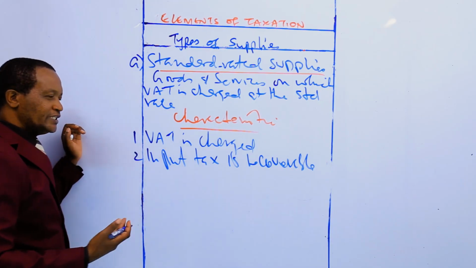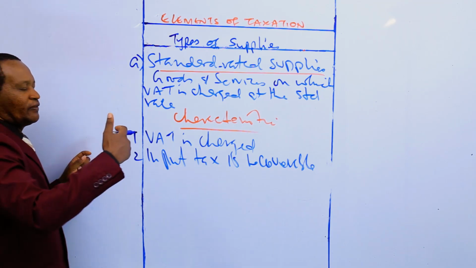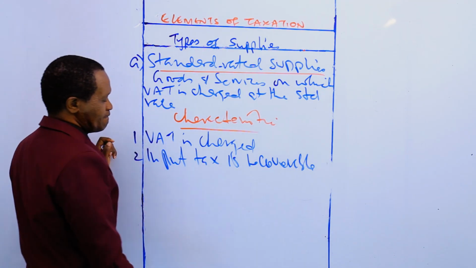And that is the essence of VAT. That is the core mechanism of VAT, where the tax burden is passed on to the final consumer.